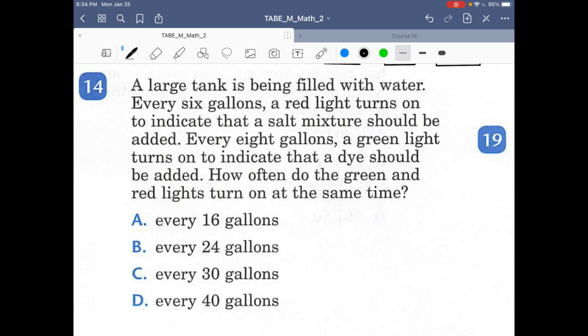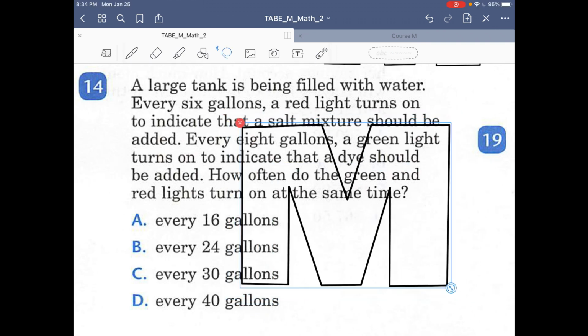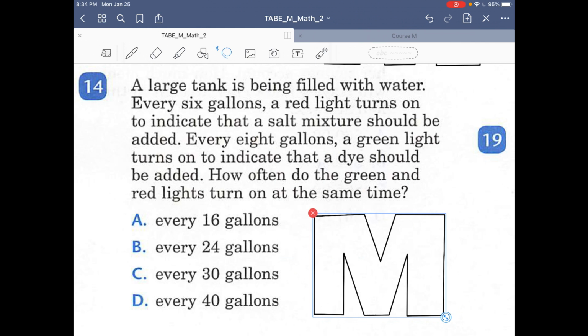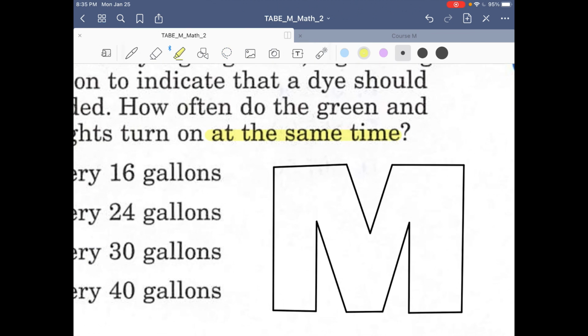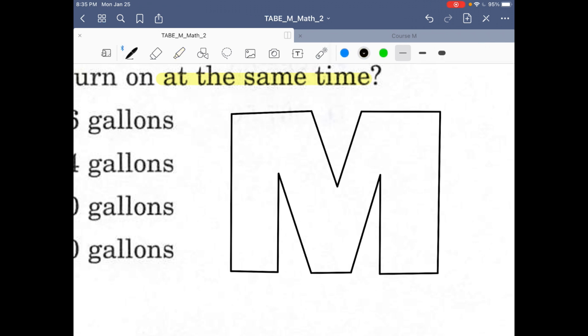How often do the green and red lights turn on at the same time? And let me highlight that for you, at the same time. So the green light is going to be on one side and the red light will be on the other side, and we want to know when they will happen at the same time.